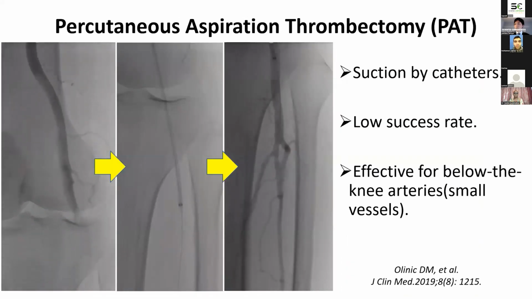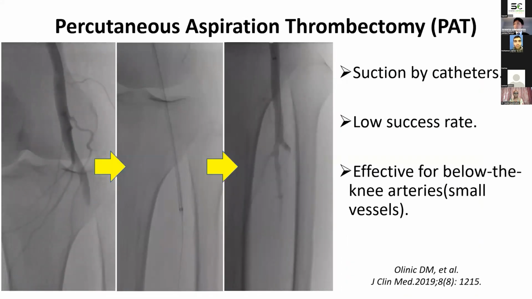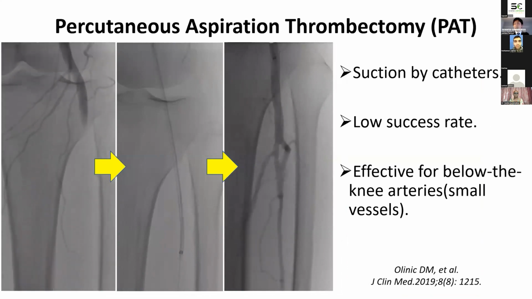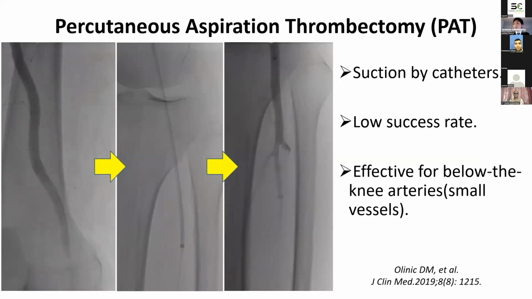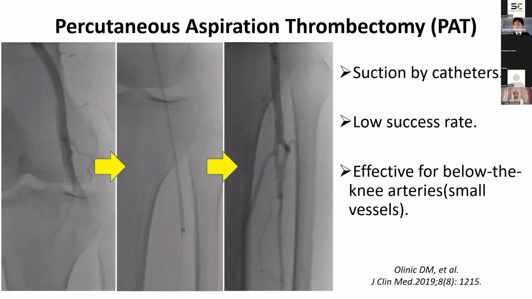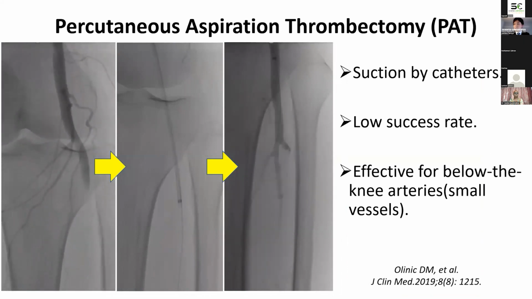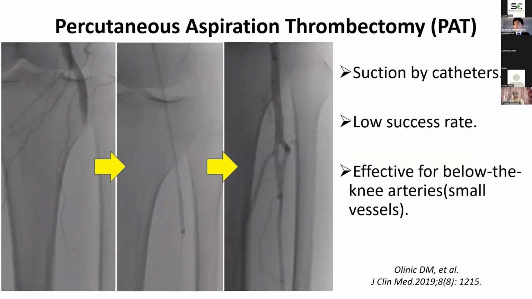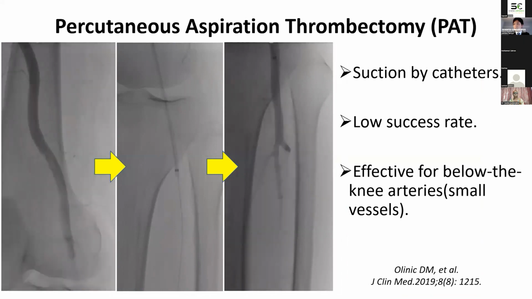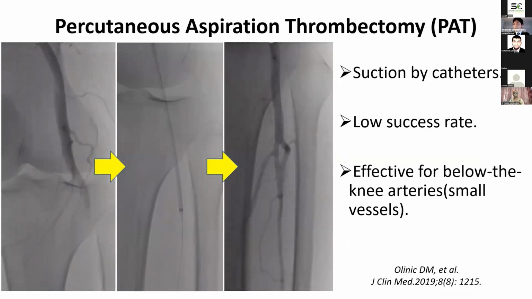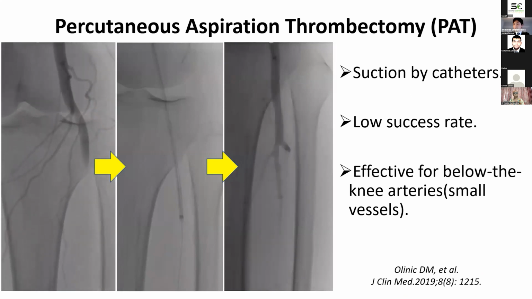So we start to explain conventional non-surgical treatment for ALI. First, percutaneous aspiration thrombectomy, PAT. PAT is a simple suction of embolized material by a 6 to 8 French catheter.